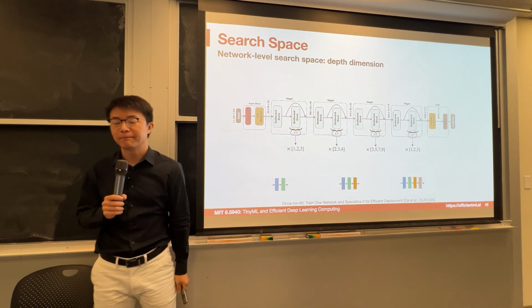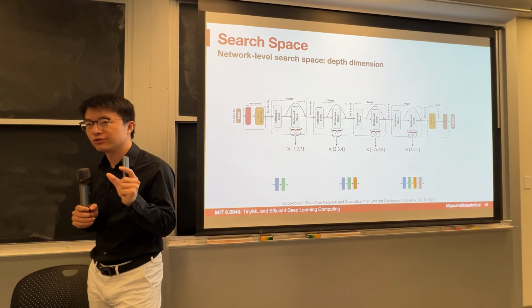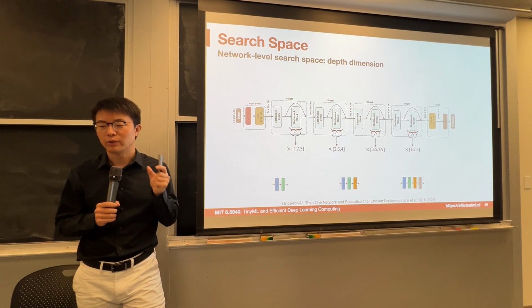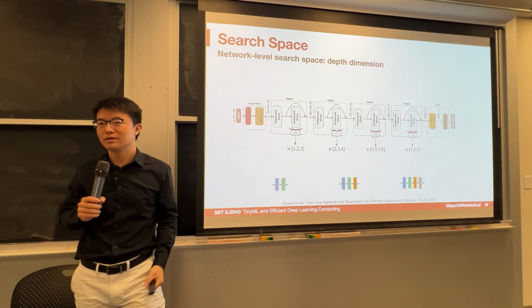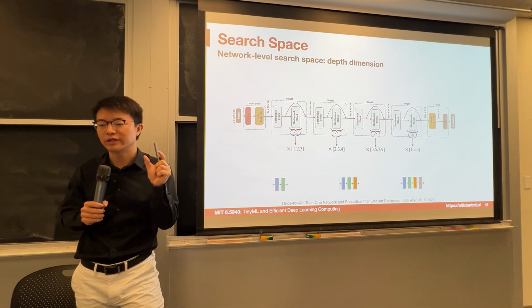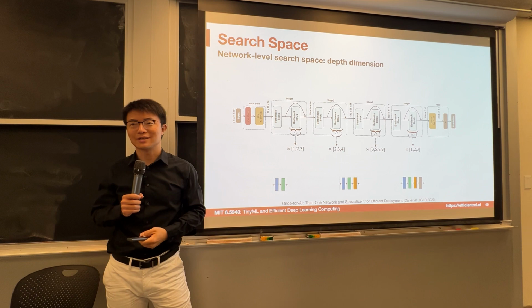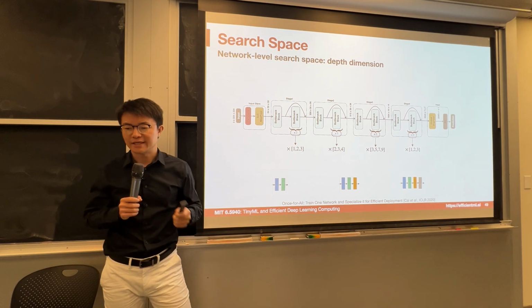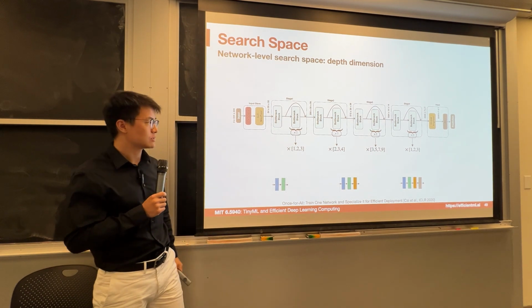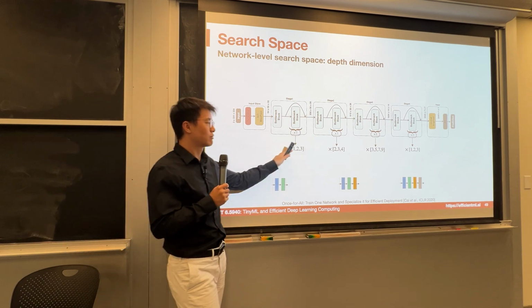And after finding each individual block, we want to have this network level search space. Okay, we already found each cell. How do we combine them together? So that is the network level search space, including the depth.